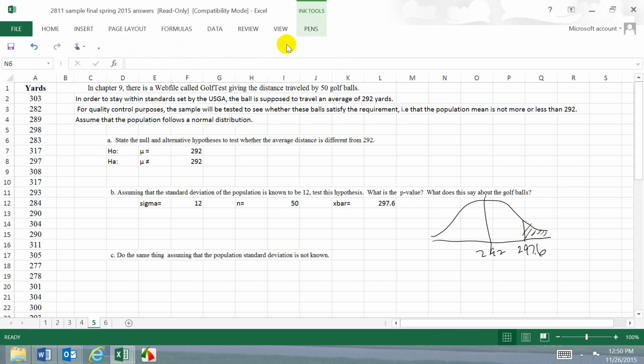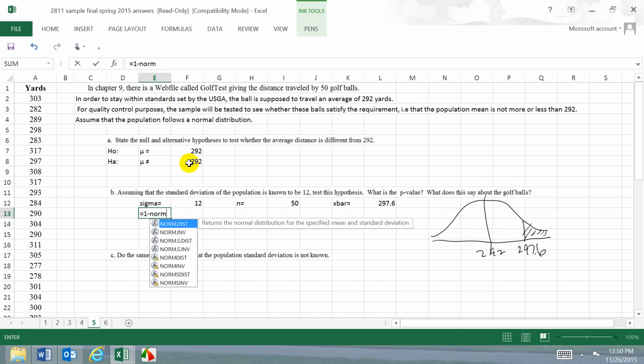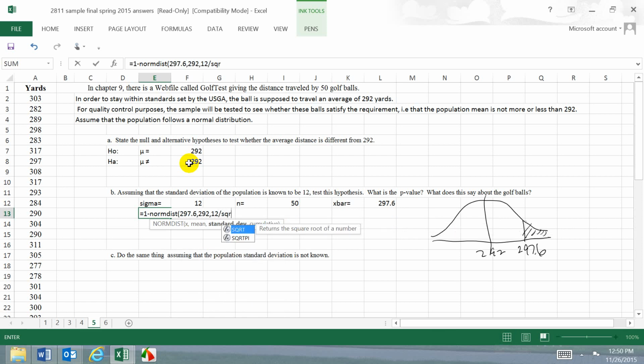So in this case, you're looking at the probability that you're greater than 297.6. And since it's greater than, we're going to have to take 1 minus, because we're calculating what's in that shaded tail. 1 minus norm dist, 297.6, 292 is the mean. The standard deviation, 12. But it's not 12, it's 12 over the square root of 50.